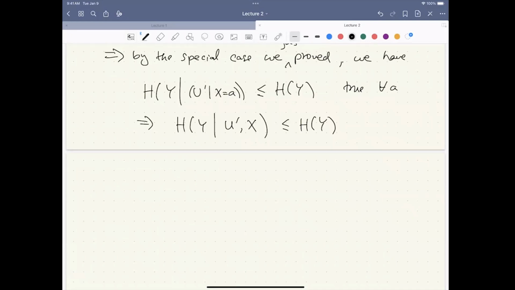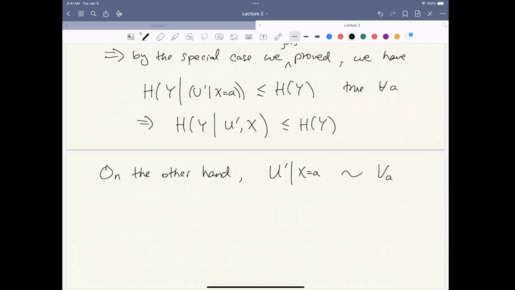We are almost done. Now, on the other hand, we have this random variable u prime conditioned on the choice of x, which is uniformly distributed over V_a, some sets.